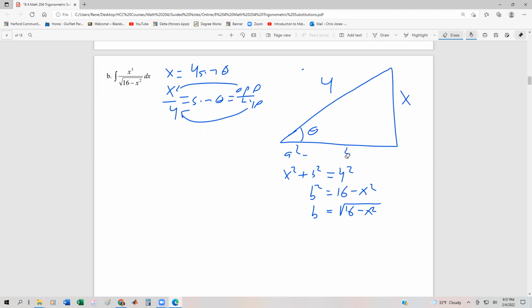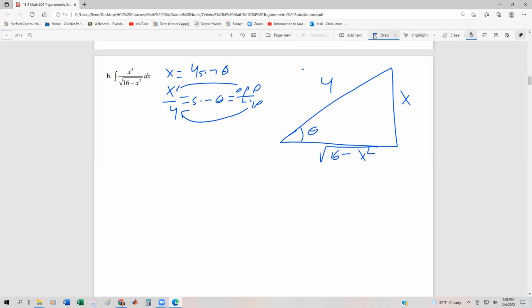So I'll get rid of all this stuff because we certainly know how to employ the Pythagorean theorem at this stage of our mathematical careers. And I'll just write it underneath just to save a little bit of room. With trigonometric substitutions, you'll probably need all the room you can get. So this is the square root of 16 minus x squared.